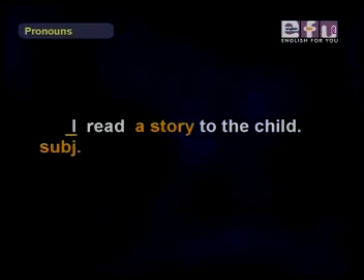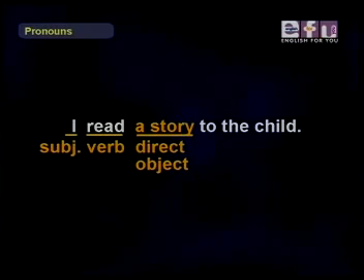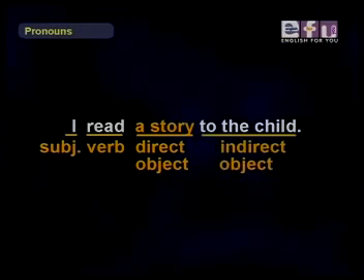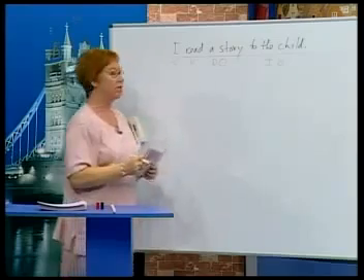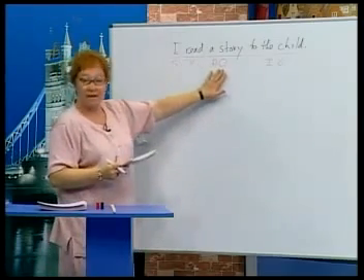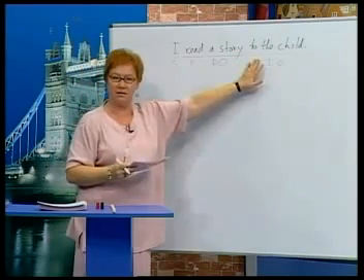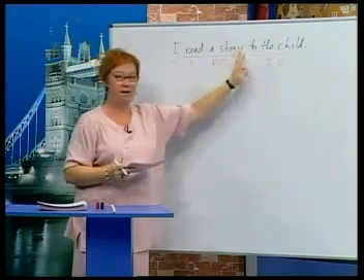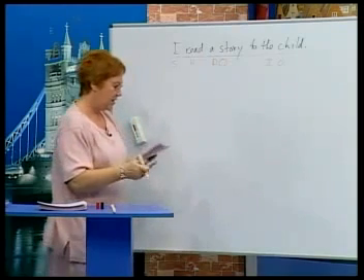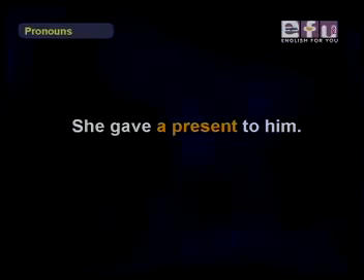Subject, I. Read is the verb. A story is the direct object. And to the child is the indirect object. Okay? I read what? A story. To whom? To the child. Okay? First and second.